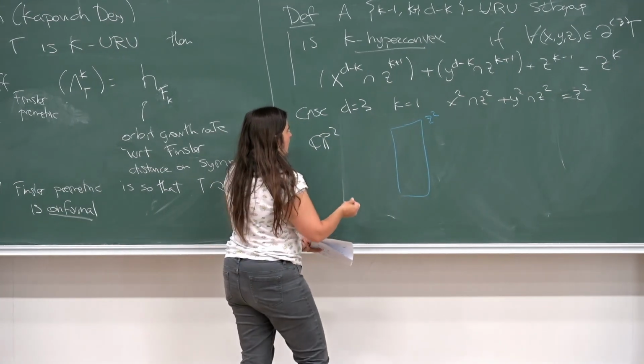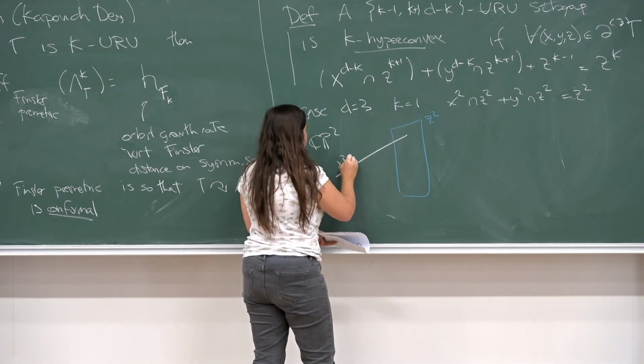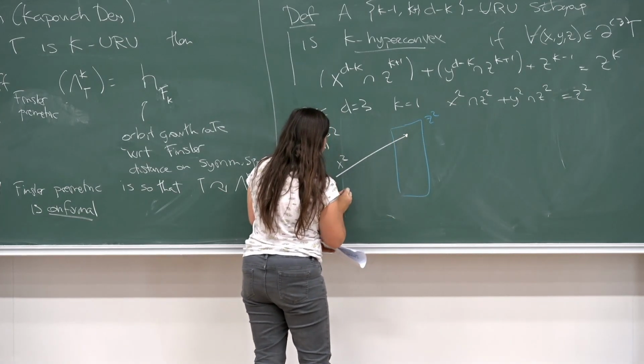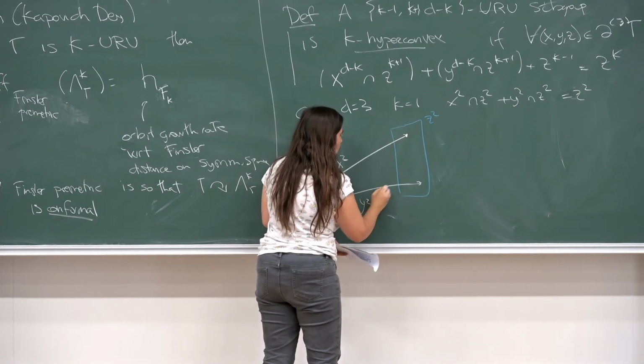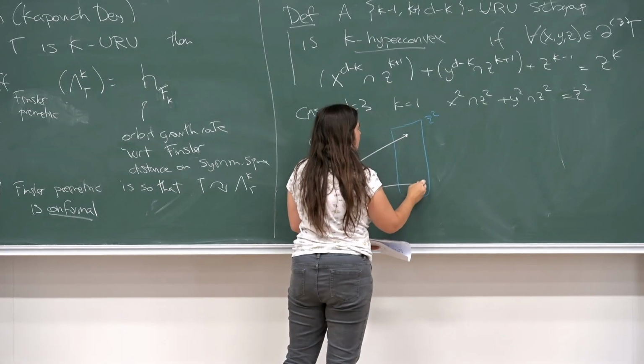And what I'm asking is that if I take x^2 and intersect it in one point, and I take y^2 and intersect it in one point, these two points are distinct.